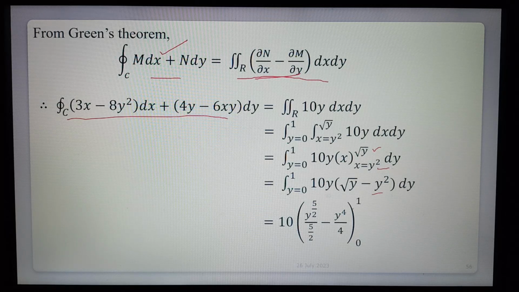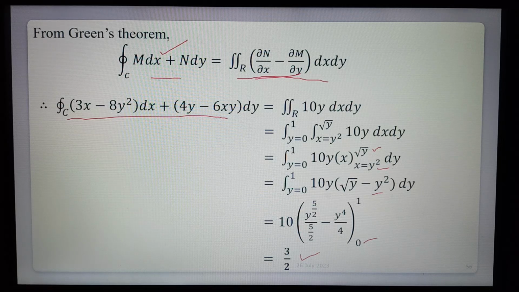The y limits are 0 to 1, upper limit 1, lower limit 0. After simplification, this is 2 by 5 minus 1 by 4, which simplifies to 3 by 2. This is the double integration value by Green's theorem: 3 by 2.